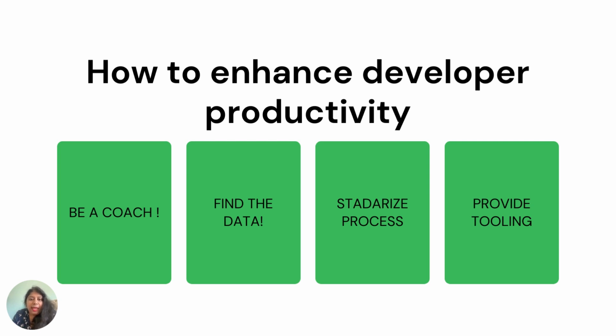If you standardize the process, it becomes fun to repeat and not confusing. And then provide the tooling so that they are not spending a lot of time exploring cases, and are able to achieve it with the touch of a button. Sometimes it will be possible, sometimes it won't be, but let's see how we can do that. Let's discuss each of these points in a little more detail.